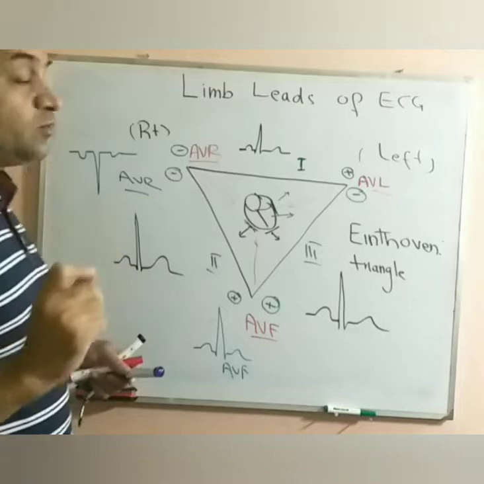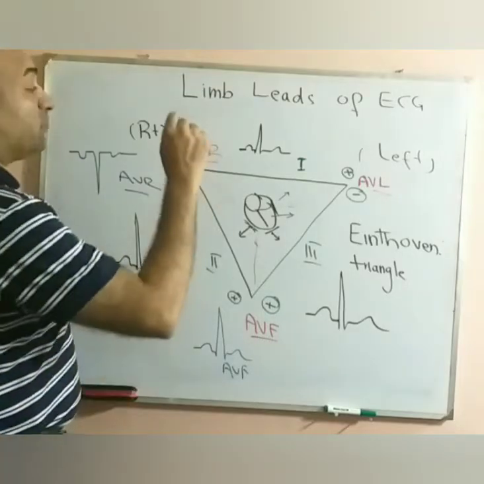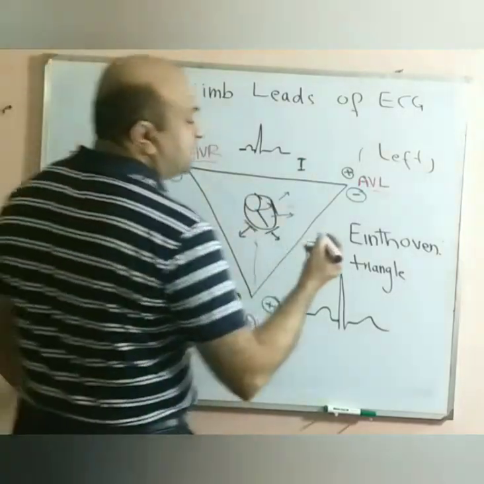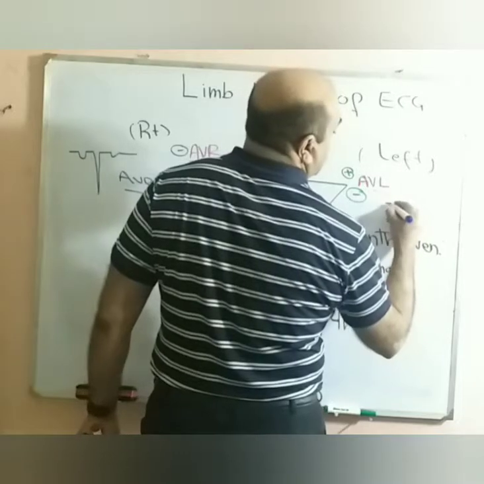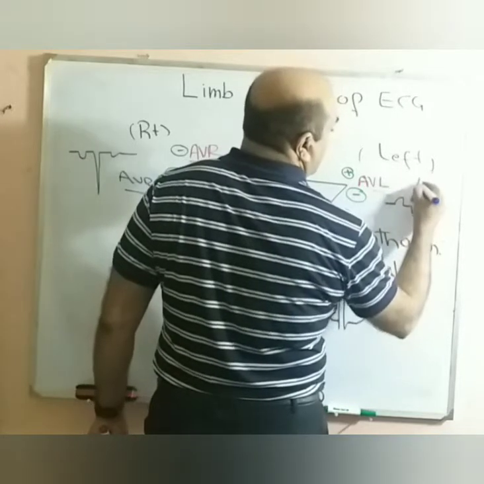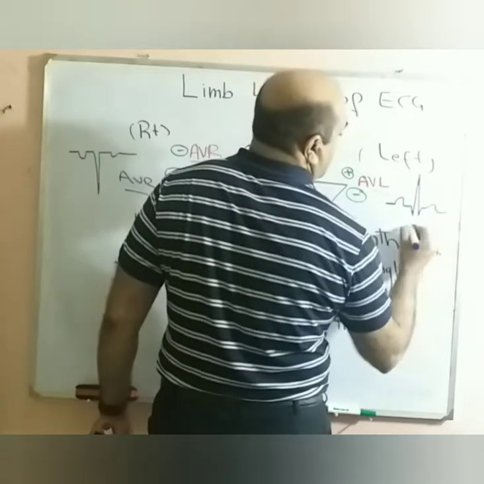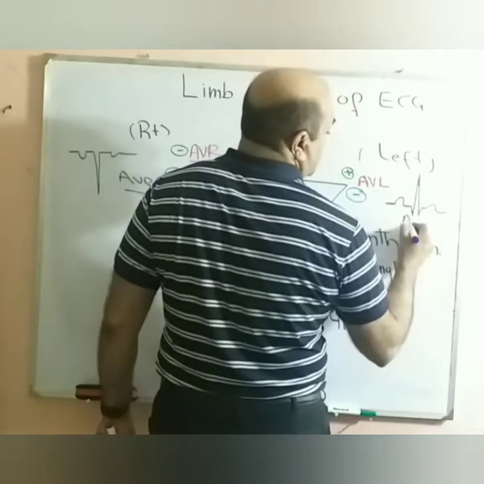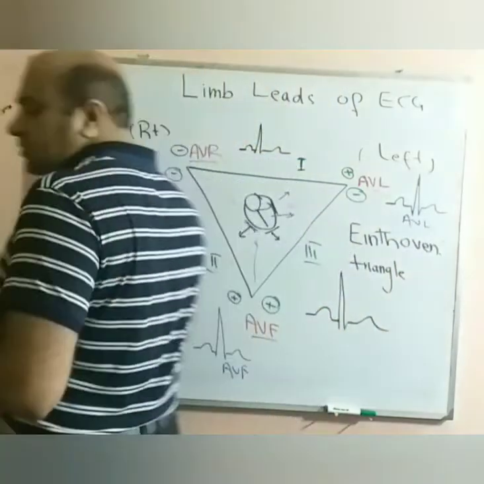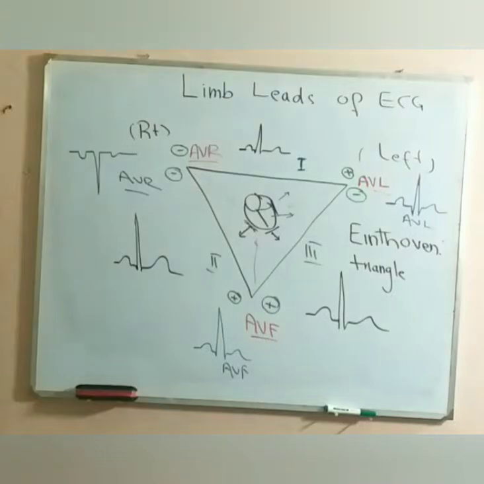So sometimes this is known as an isoelectric lead, but in the majority of cases AVL is also a positive lead. P is positive, QRS is positive, and T is positive. This is AVL. So we have 6 limb leads. Leads 1, 2 and 3 are bipolar, and AVR, AVL and AVF are unipolar.